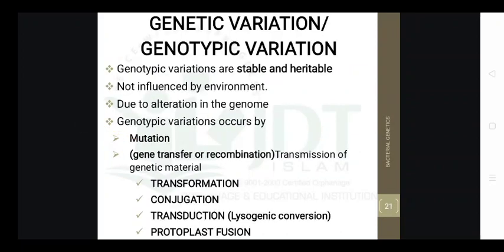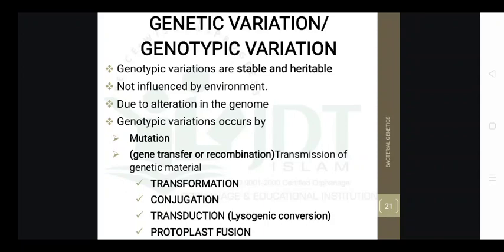Now, genotype. Phenotype we already discussed. It is the expression of the genotype in physical change or environment. Now, there will be no change unless there is a recombination of genes in the genotype. It is the sum total of genes in a cell.